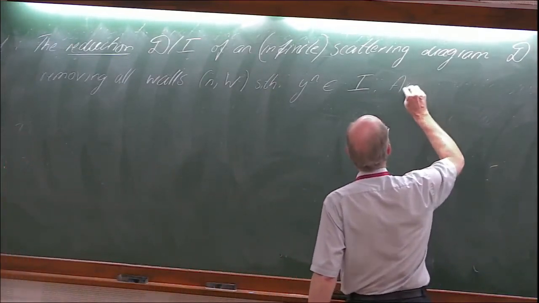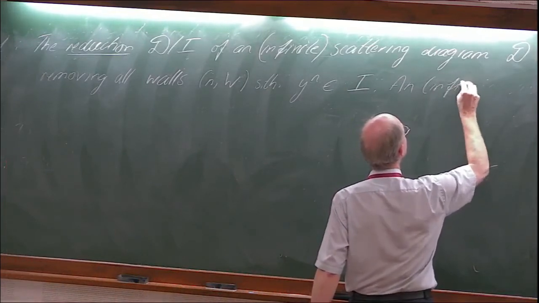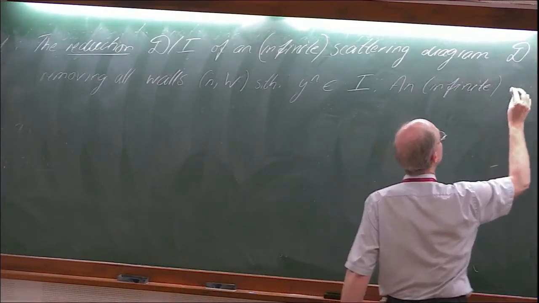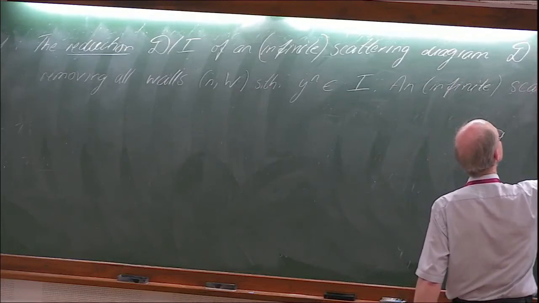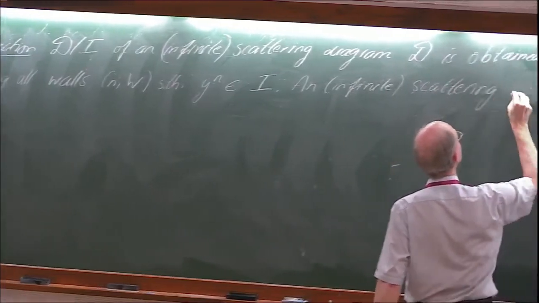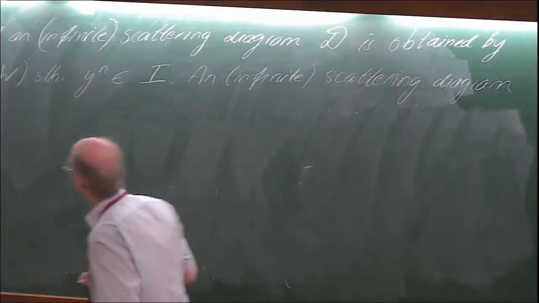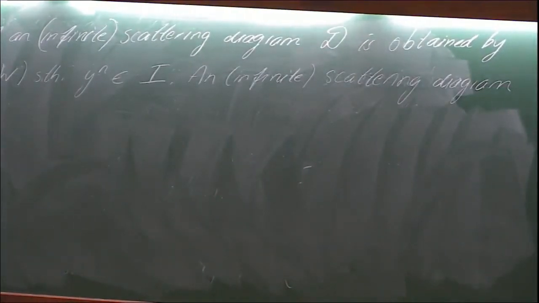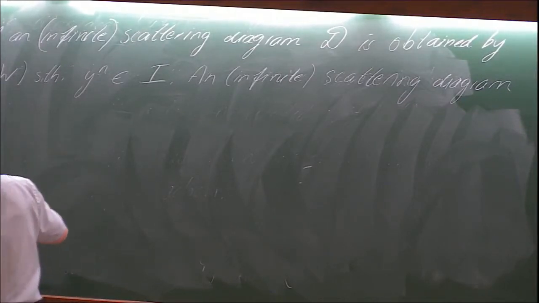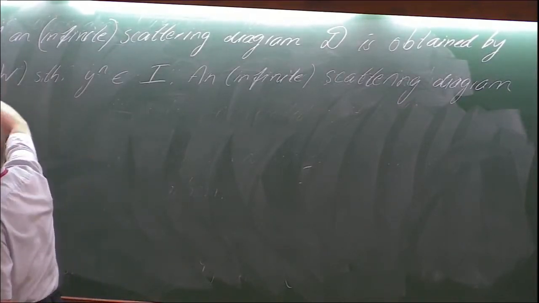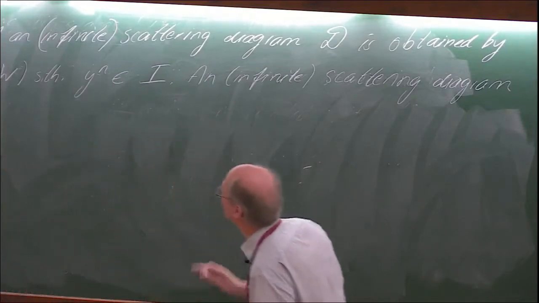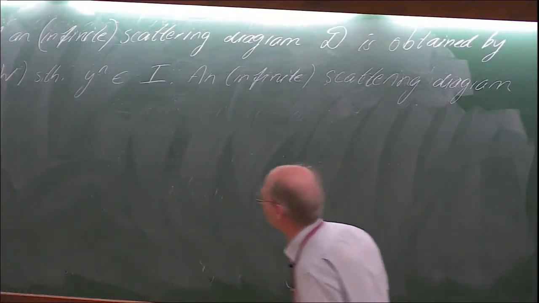Then a possibly infinite scattering diagram D is consistent if for each finite codimensional monomial ideal I, the reduction is consistent.